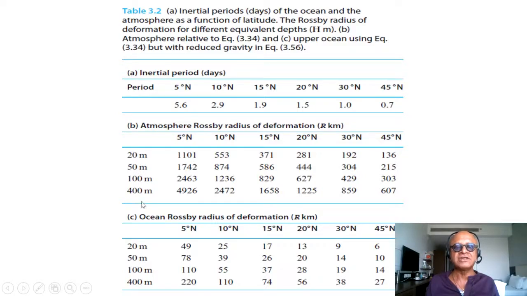You can see that as equivalent depth increases, square root gh increases, so the Rossby radius of deformation increases, and f increases as you go to higher latitudes, so the Rossby radius drops off. Similar things for the ocean: with latitude, drop in the Rossby radius of deformation for the same equivalent depth, and the Rossby radius increases with the equivalent depth.